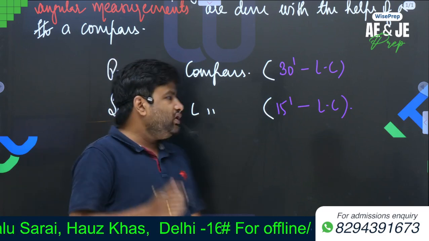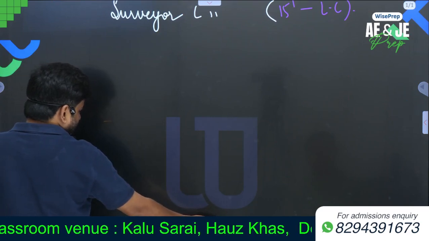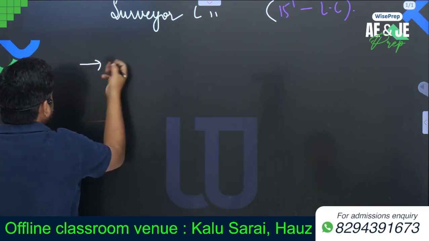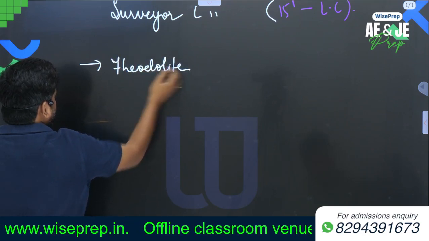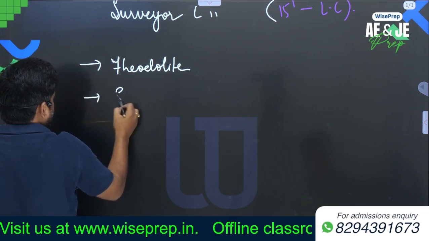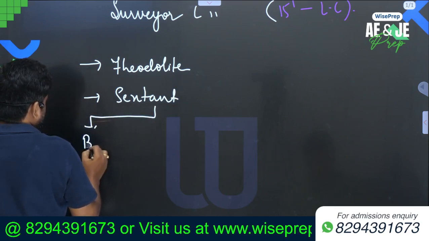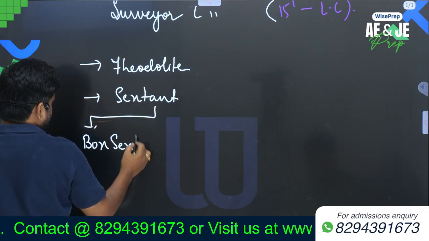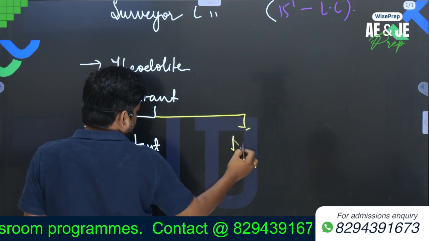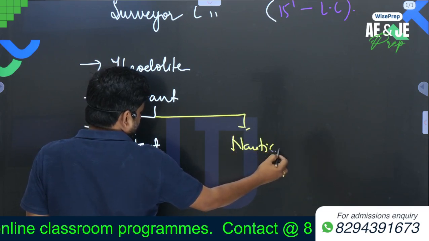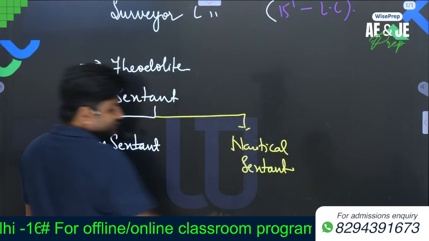Generally we use the instruments for the measurement of angles, and that instrument is the theodolite, and the sextant. Sextants are of two types, Bose sextant and nautical sextant.